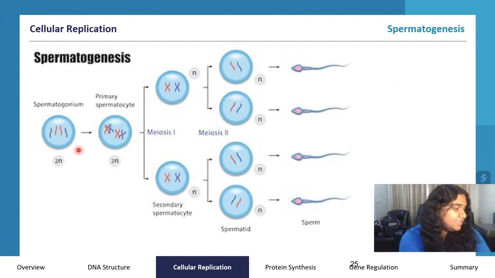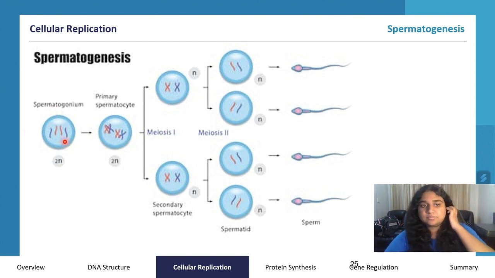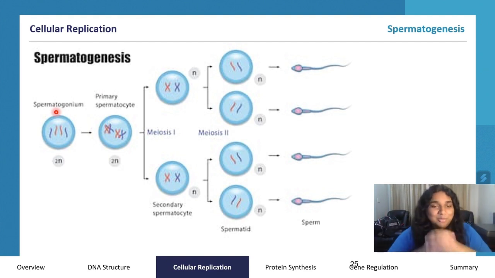So our first type of cell division is spermatogenesis. This is almost word for word recollection of the meiosis process. Our germline cells, the spermatogonium, or the origin point of spermatogenesis, will condense all of its chromosomes and copy them all so that they form a primary spermatocyte.